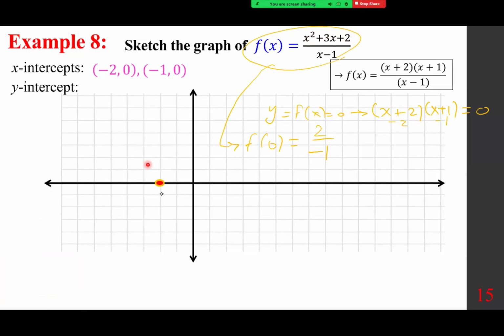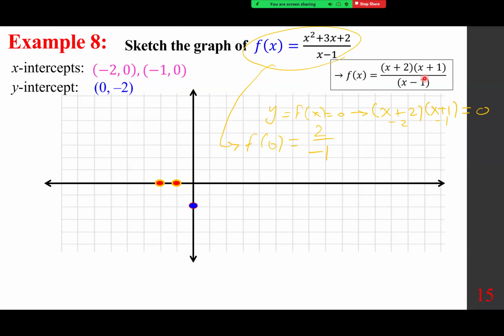So these are the two x-intercepts, negative 2, 0 and negative 1, 0. And this is your y-intercept, 0, negative 2.